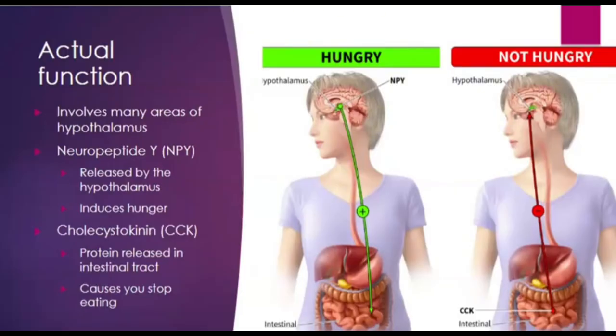There's one that's called the neuropeptide Y or NPY, and that gets released by the hypothalamus. And when we are hungry or we don't have enough certain nutrients, we get that signal, and it goes down to our intestinal tract and induces hunger. And that presence of neuropeptide Y is why we feel hungry. It will signal to our stomach to make that gurgling sound when we're hungry.